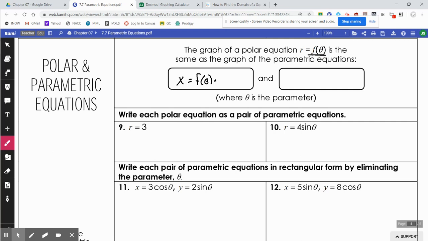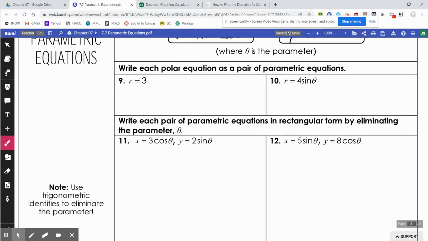Which corresponds to x equals r cosine theta, y equals r sine theta. Pretty much all we're doing is sticking in those f of thetas in place of r. So x equals r cosine theta or f of theta cosine theta, and y equals r sine theta or f of theta sine theta, where theta is the parameter.